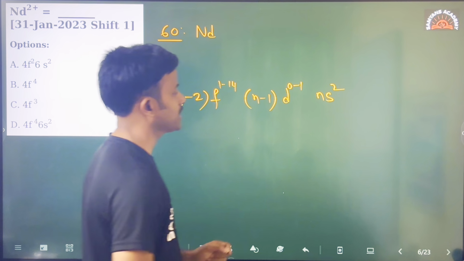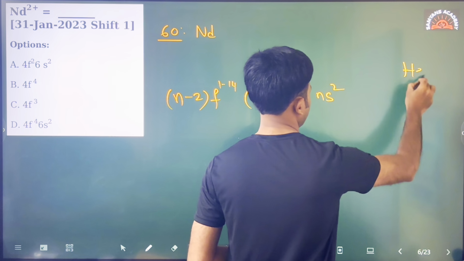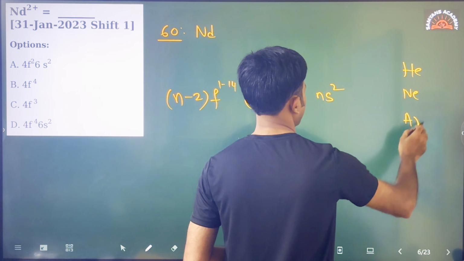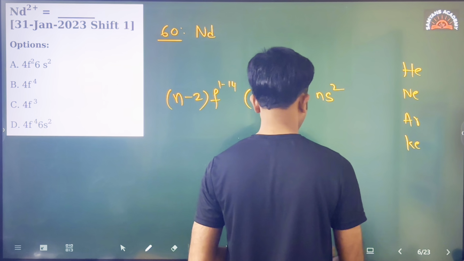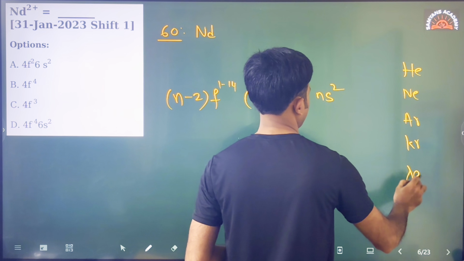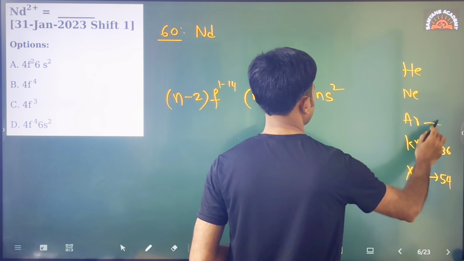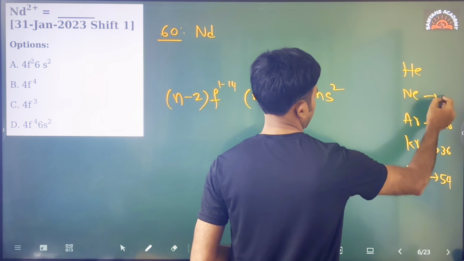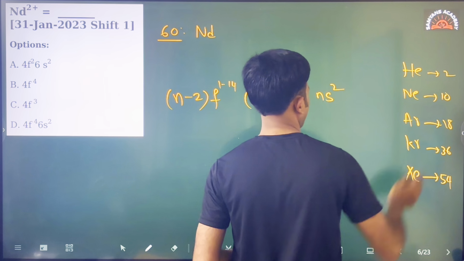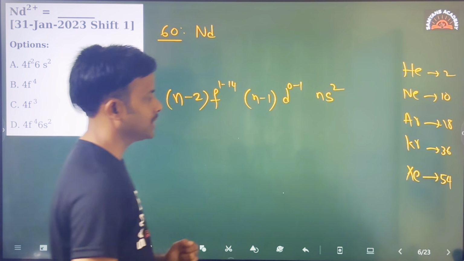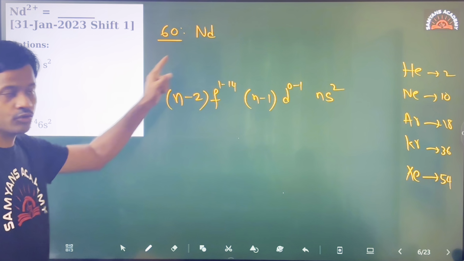The noble gases are helium, neon, argon, krypton, and next is xenon. Xenon atomic number is 54, krypton 36, argon 18, neon 10, and helium 2. Which one is the nearest noble gas configuration to neodymium?